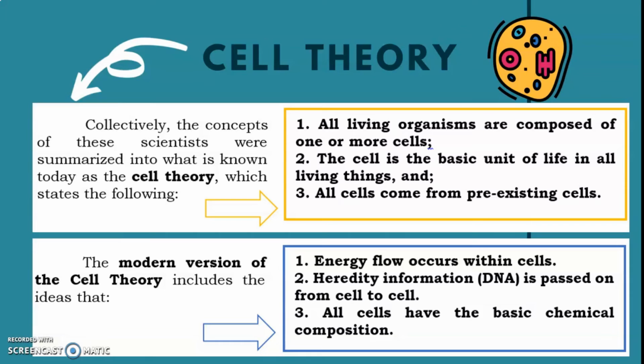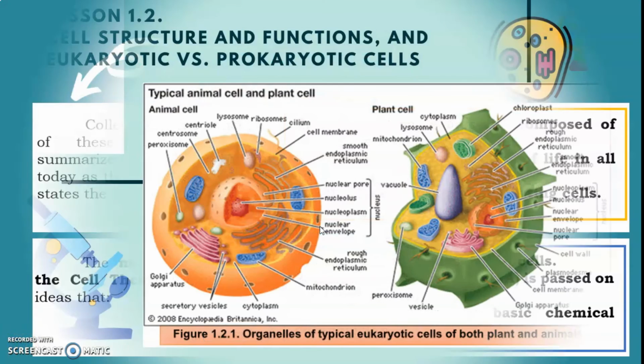The succeeding postulates are energy flow occurs within cells, heredity information or DNA is passed on from cell to cell, and all cells have the same basic chemical composition.